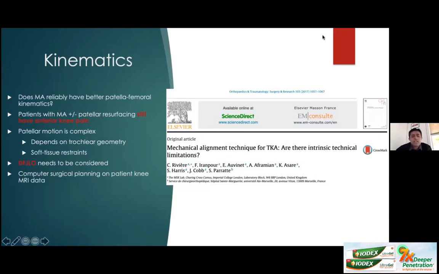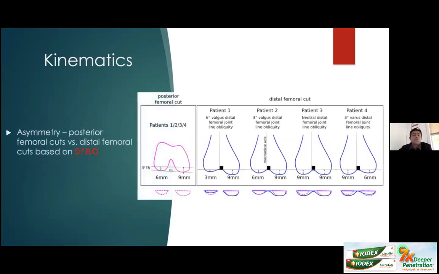So the consideration is, should we look at distal femoral joint line obliquity, or DFJLO, to consider how the patellofemoral joint performs? Charles looked at this, and what he found was, let's imagine 4 different patients with different kinds of joint line obliquity because of the deformity. You have valgus 6 degrees, 3 degrees, neutral, and then 3 degrees of varus.